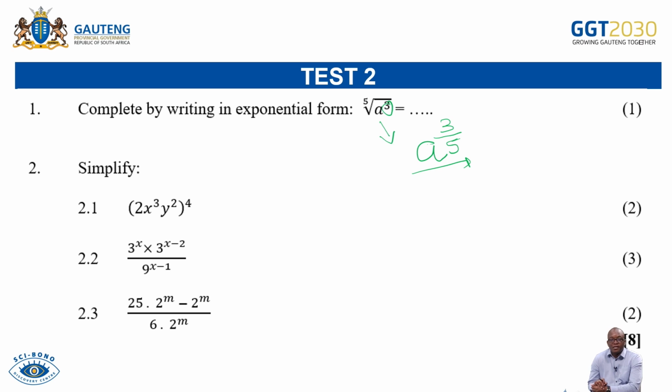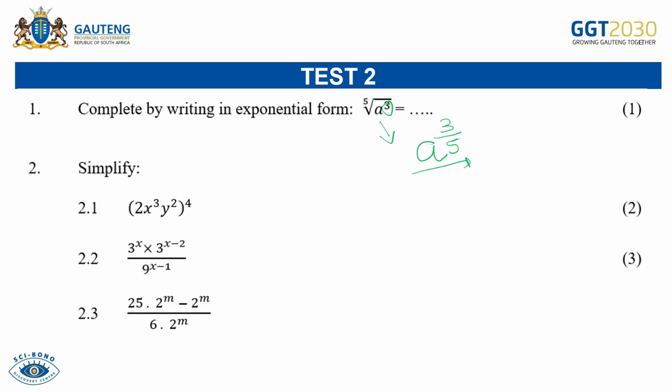Please indicate which question, maybe in the previous test where you have 1.1 or 1.2 or 1.5, so that I can assist. I will wait for that question, then I can go back and explain.